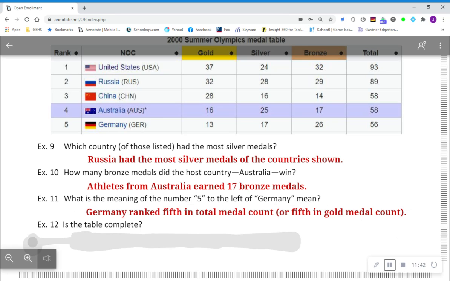Okay, is the table complete? And we would look at this and say, no, this is only the top 5 countries that are listed. So that does it for section 1.2, a pretty simple little presentation. I hope you have an easy time with this homework.